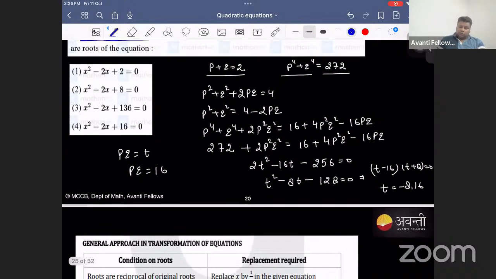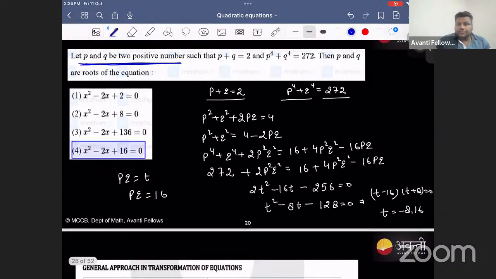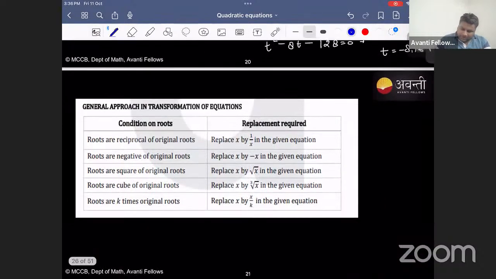Now sum of roots 2, product of roots 16. So this will be the answer. Am I correct? This is going to be the correct answer. Now, very good. Have a look.